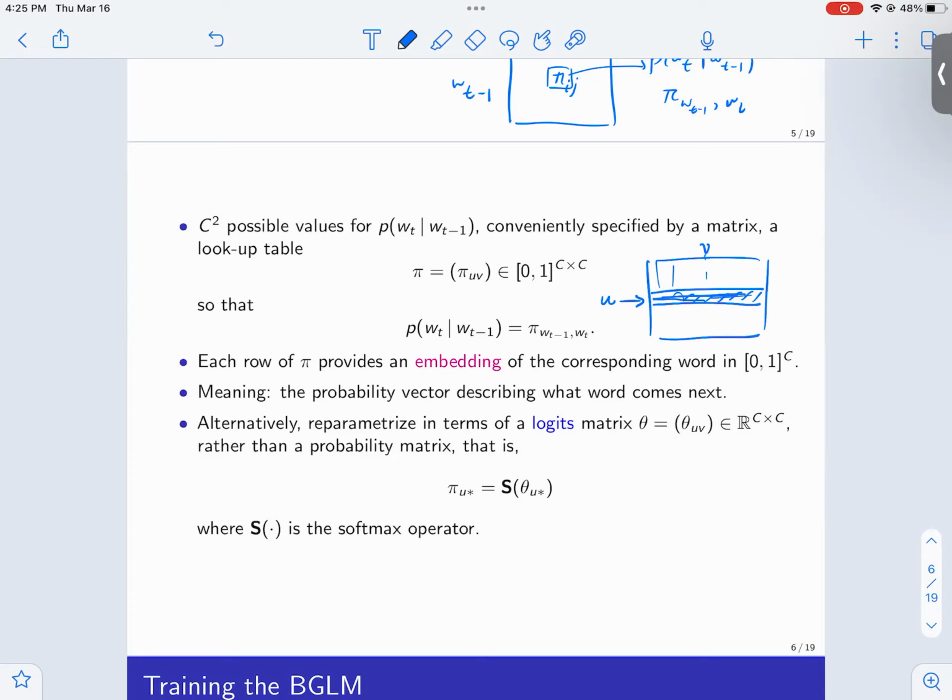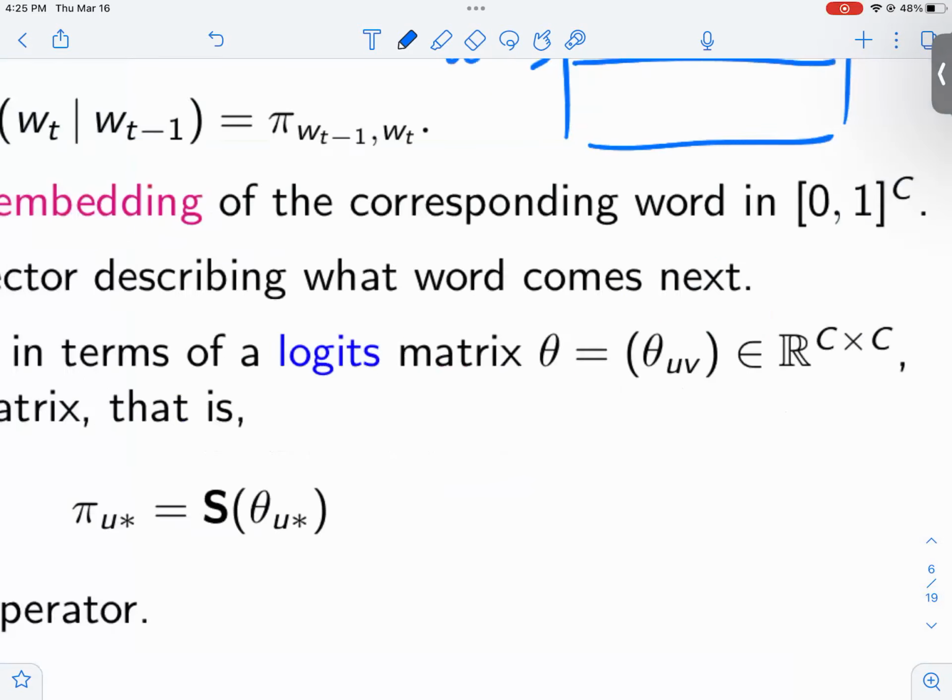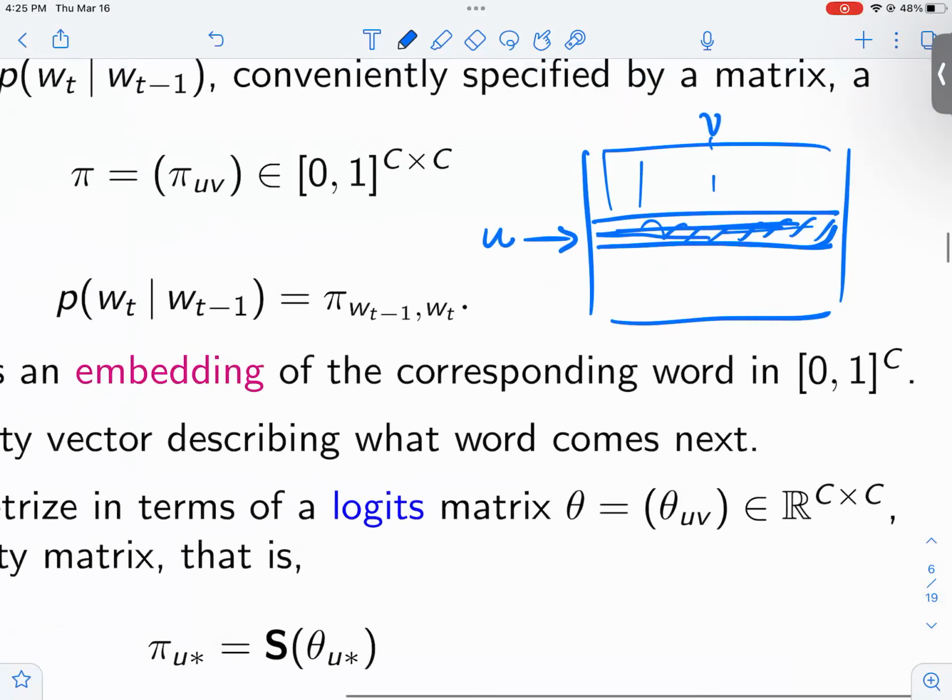And these are sometimes called embeddings. You can think of it as embedding words into a real valued space, and now I can compute with them. Words are discrete, but this probability vector is going to be a representation of the word. Some words have a particular pattern.